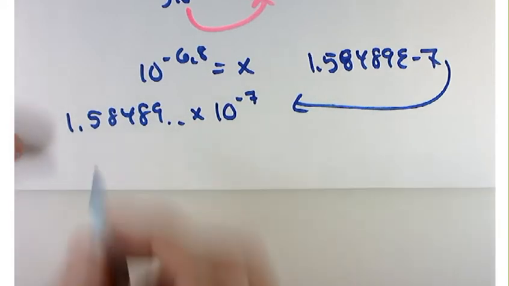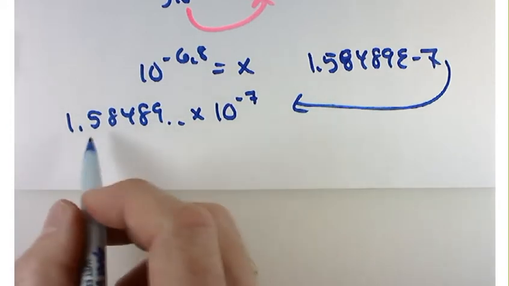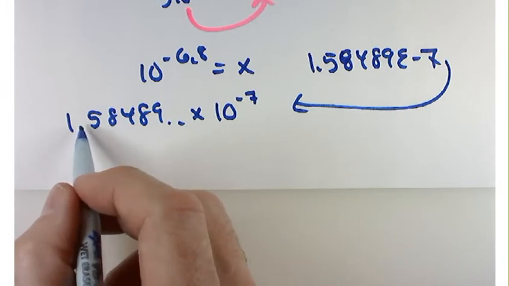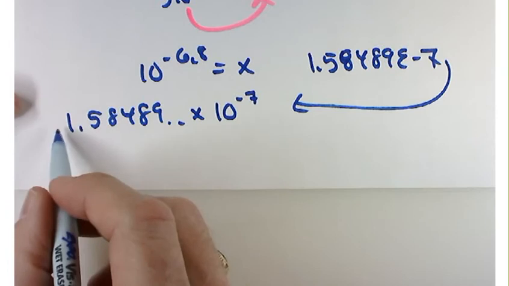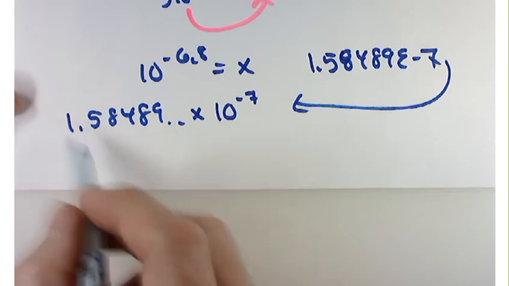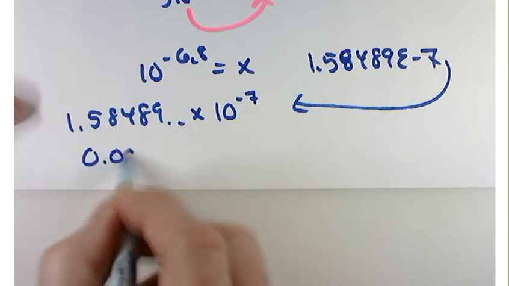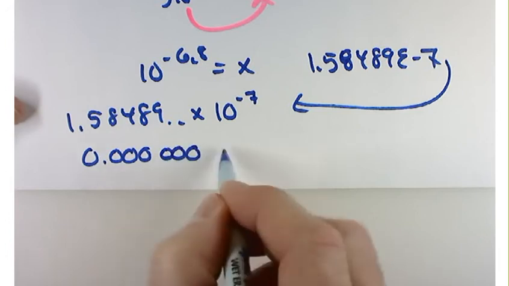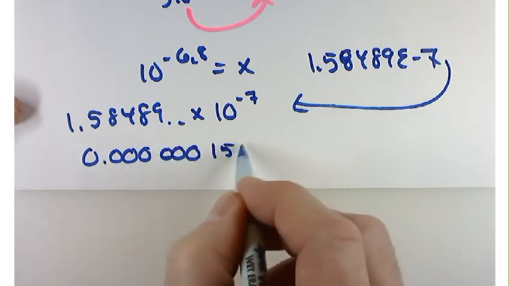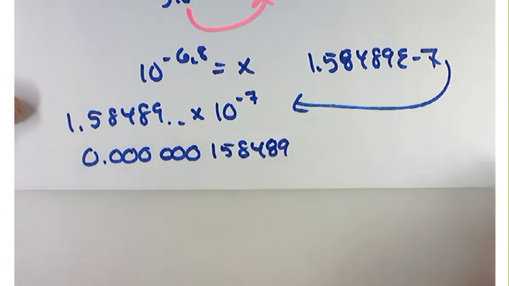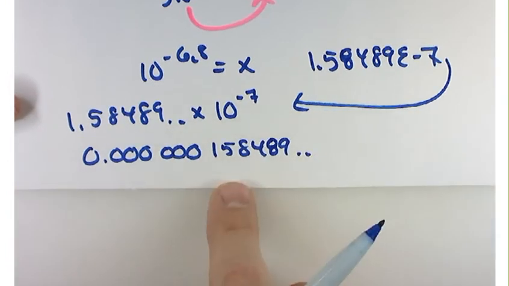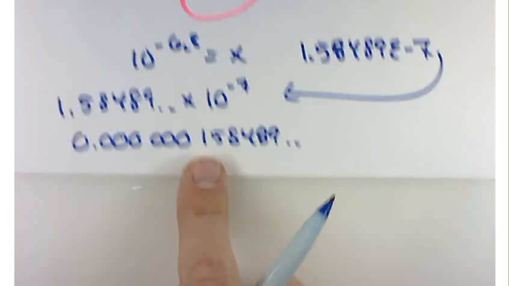And if you want it in decimal notation, I've got to move that a total of 7 places to the left. So once I move it to the left of the 1, I still have 6 more to go. That means 6 leading zeros, and then 1.58489, etc. I'm sure it'll tell you to round it to some particular value.